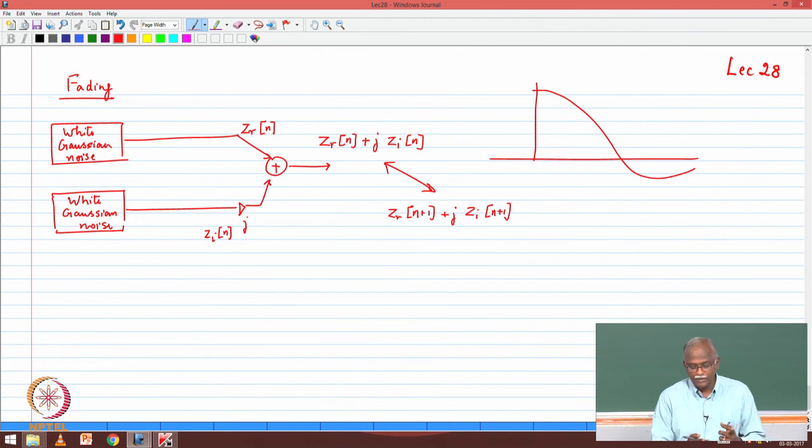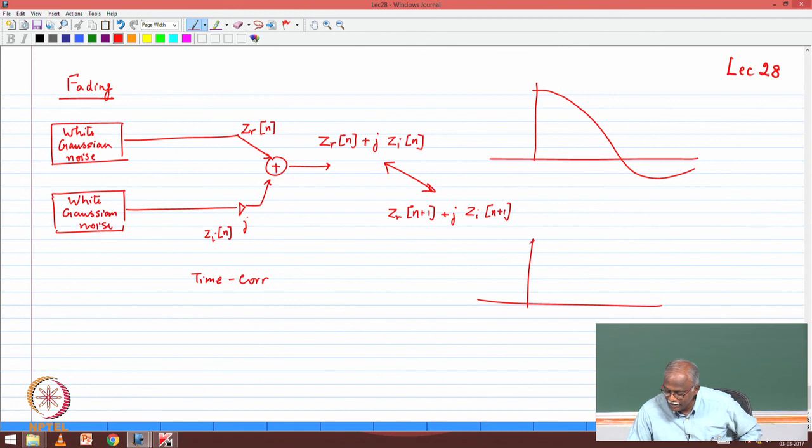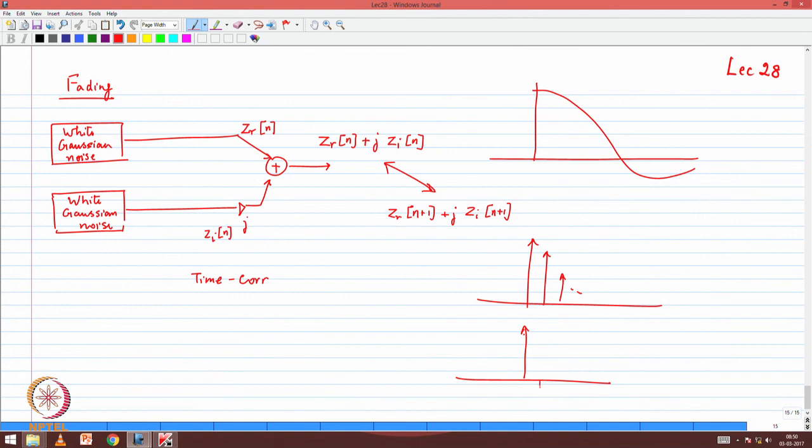So the question is, this is okay because it will generate the right Gaussian, the Rayleigh statistics, but it does not capture the time correlation. How do I ensure that the samples are time correlated? That is, my channel at this time instant is like this, next time instant is like this. So there is a correlation that has to be present. I cannot get this at one instant, next one is this, third instant is this. That is not the type of channel that we are encountering.